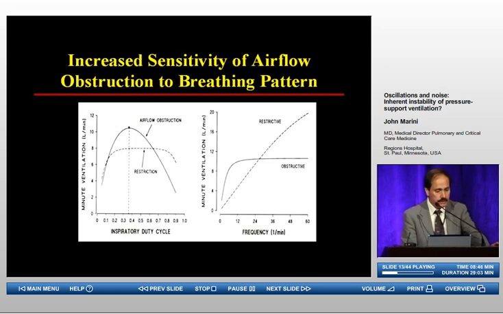In airflow obstruction, you need to have a fairly sharply defined inspiratory duty cycle to get the maximum minute ventilation from any given applied pressure.